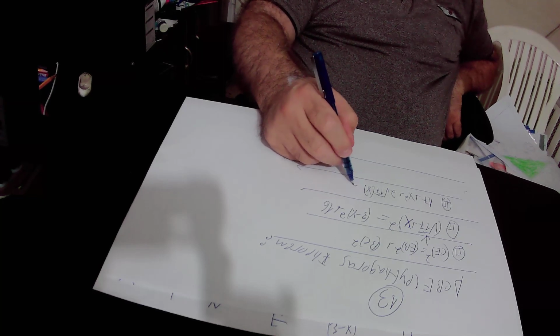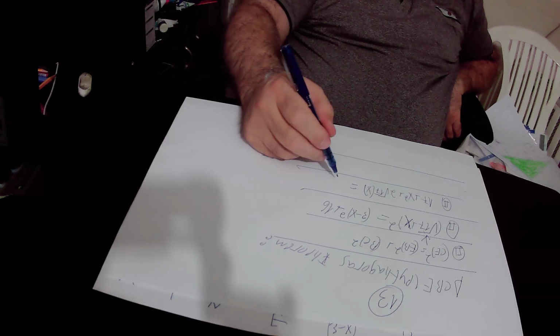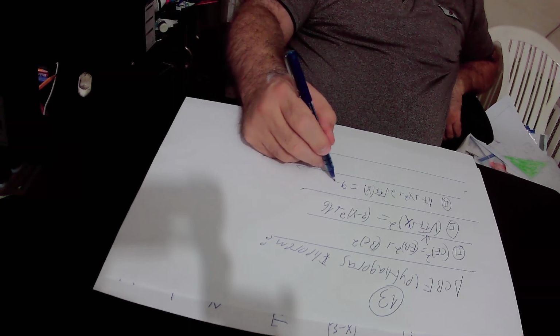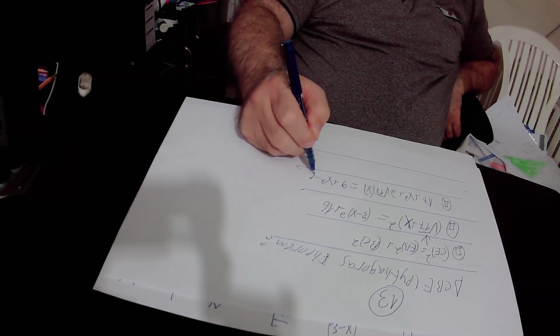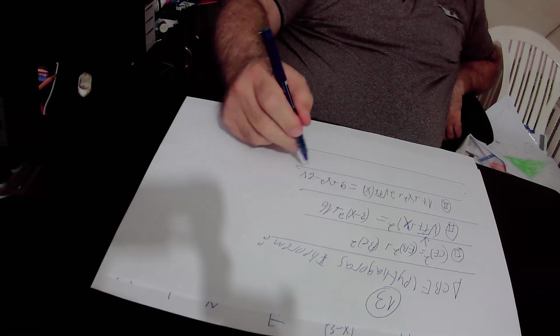And it equals (3 minus x) squared, which is 9 plus x squared minus 6x, plus 16.